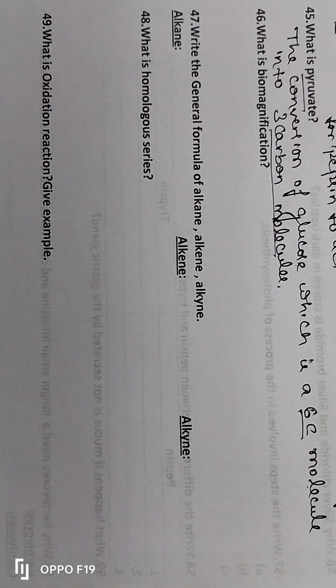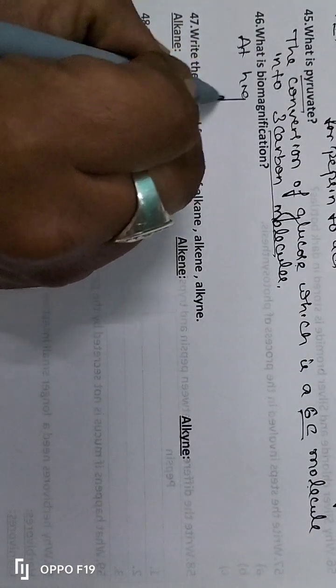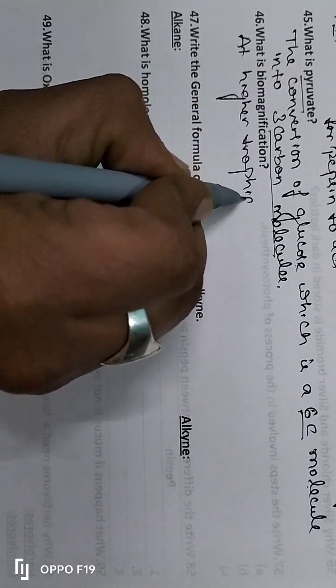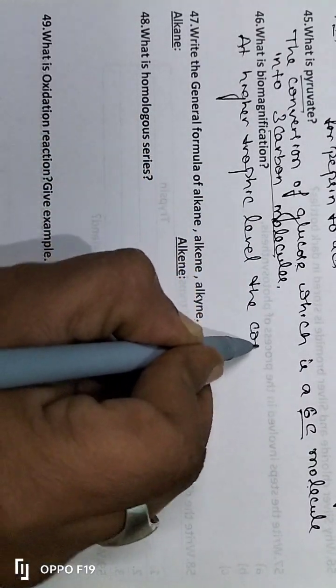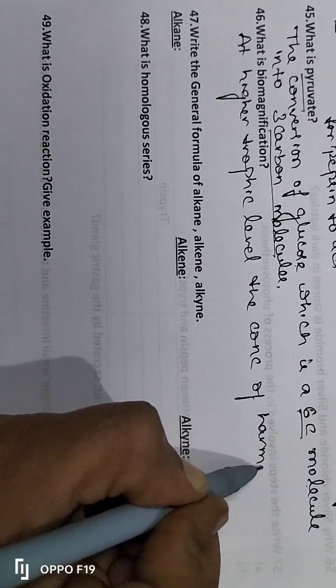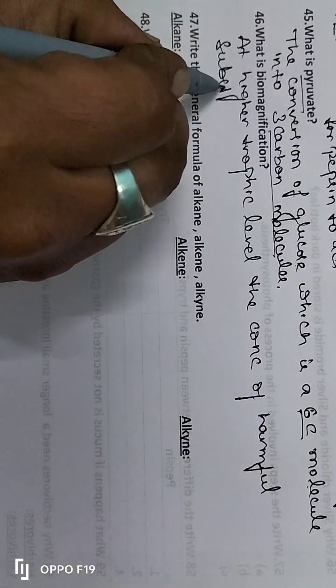that is glucose. What is biomagnification? At higher trophic level, the concentration of harmful substances increases.